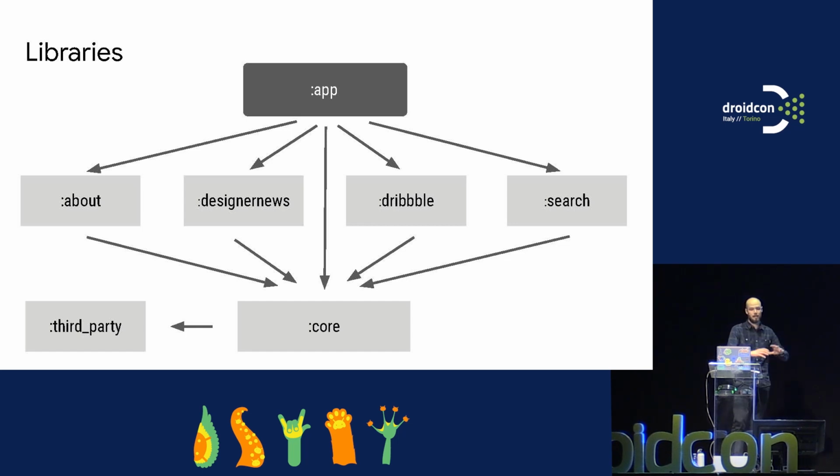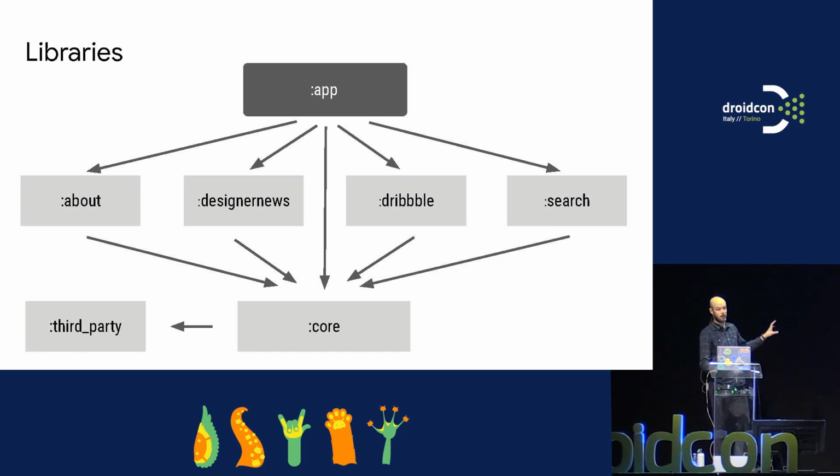And all those features somehow depend back on the core. But what it all ends up as is still one application that gets installed on your user's device. So while you have a little bit more separation between those modules, and you have cleared up your things a bit, you still ship this one monolithic APK, so you don't get file size savings, and you don't get the possibility to later have dynamic feature modules and on-demand delivery enabled.